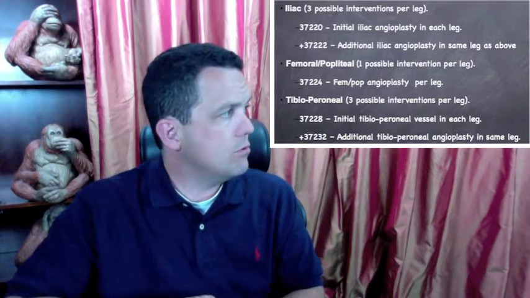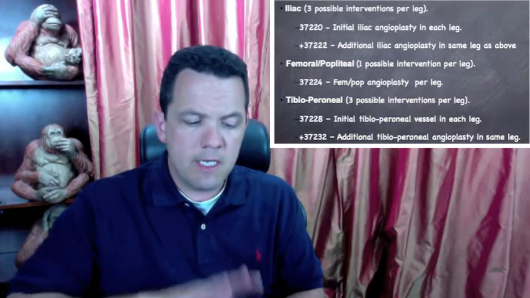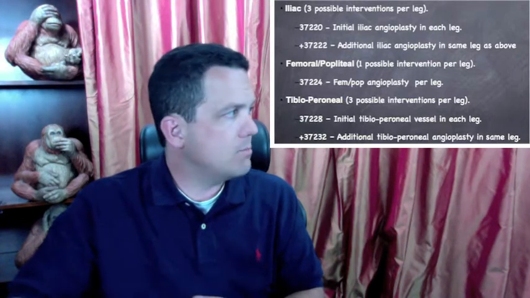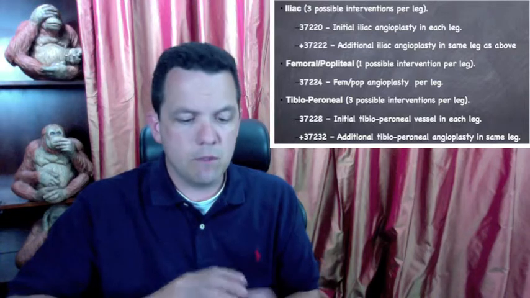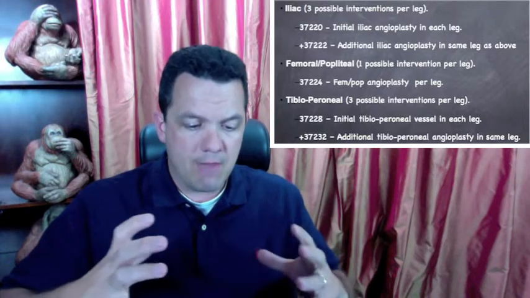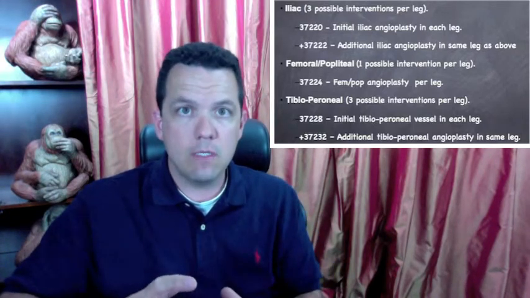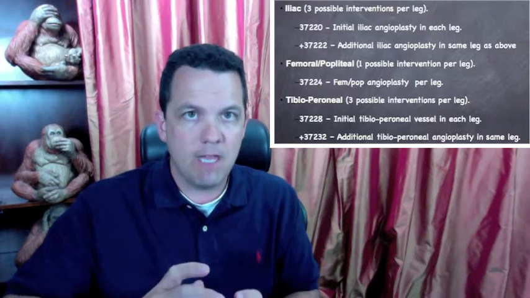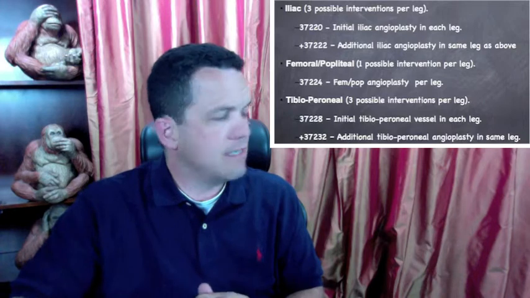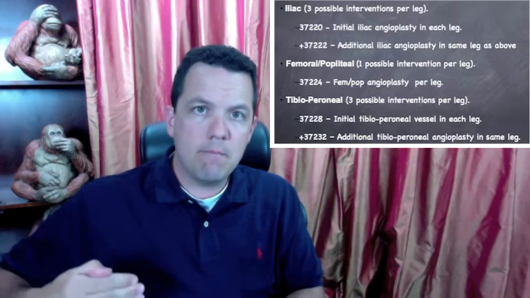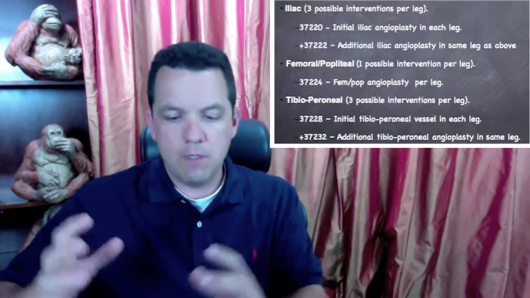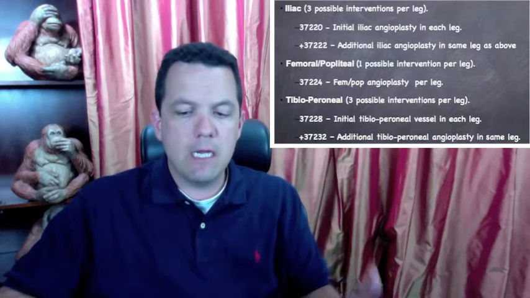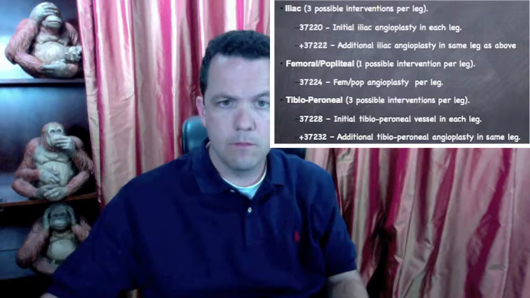The 37222 says I'm doing an initial iliac angioplasty in the same leg that I just billed a 37220 in. So the 37220 is kind of like a package code. It's like a cover charge to get in and do the first intervention in that segment of leg. And then the 37222 says, after I've already billed for and gotten compensated for this big cover charge service, I'm also doing another angioplasty in another recognized iliac vessel.